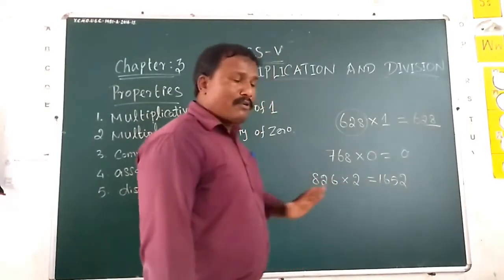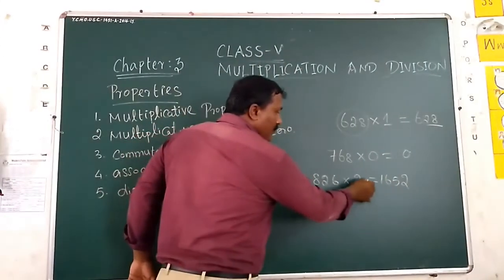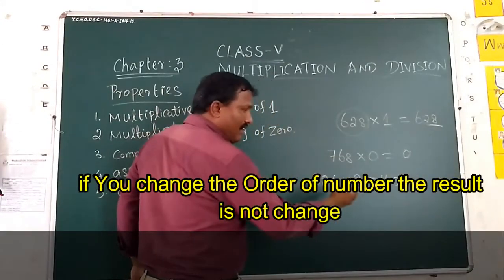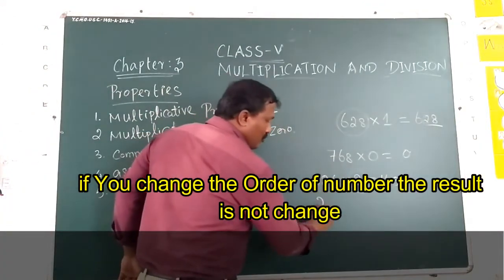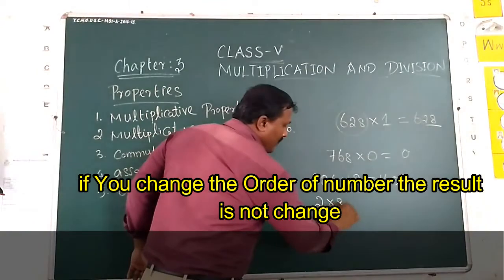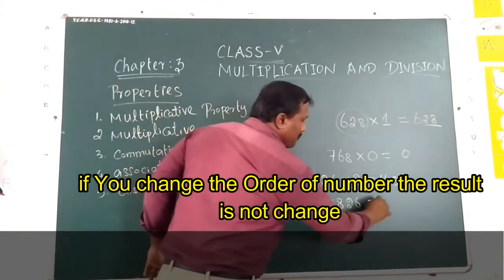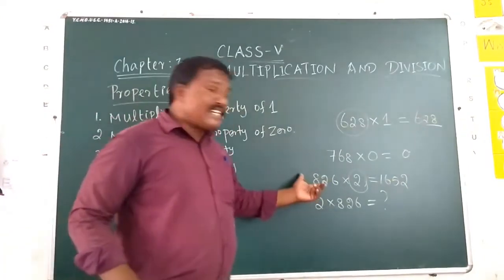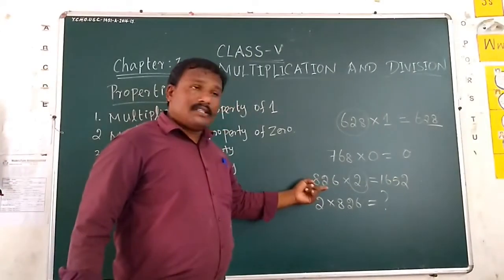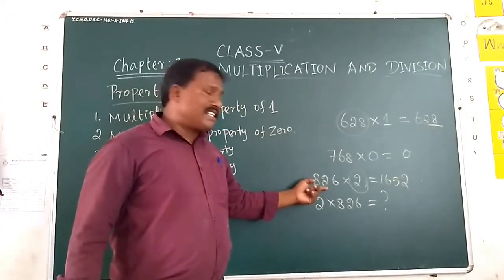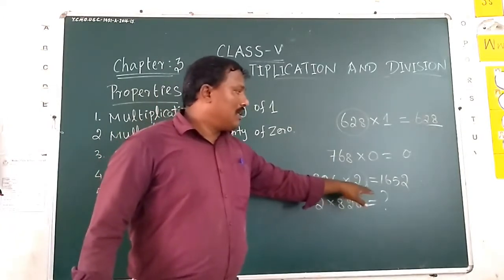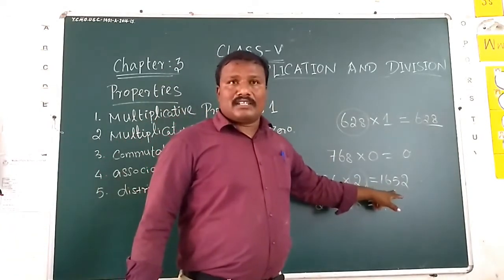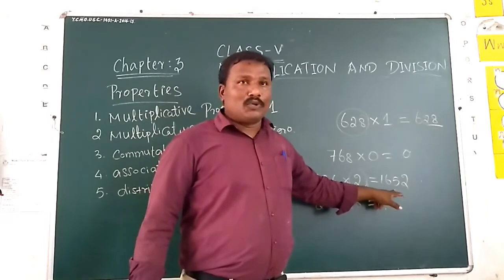Suppose we change the order, so I will multiply 2 into 826. What is the answer? Listen carefully. First I put 826, then I multiplied by 2 and got 1652.